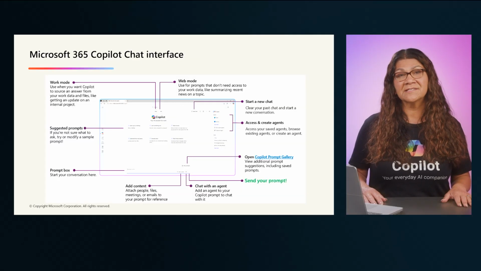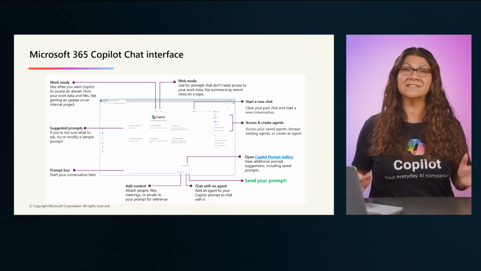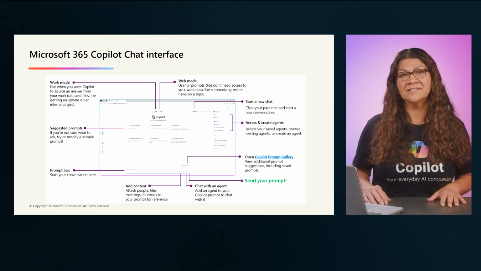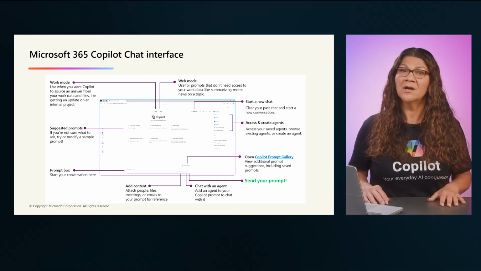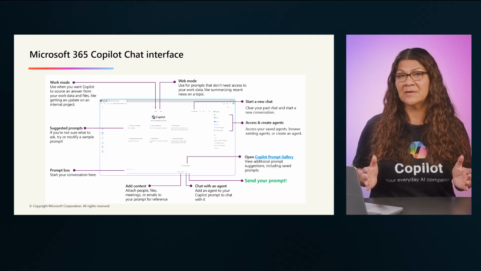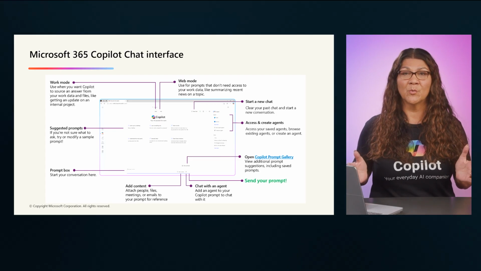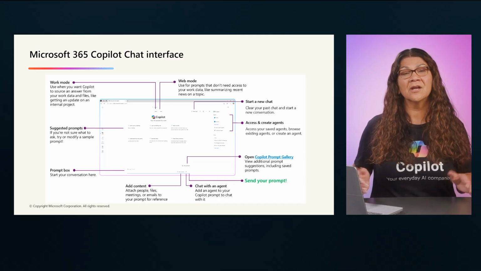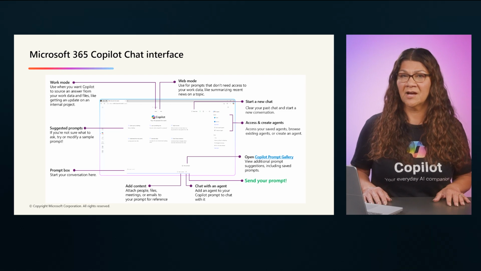The Microsoft 365 Copilot Chat interface is designed to help you move seamlessly between organizational insights and general web-based questions. Work mode taps into your Microsoft 365 content, emails, files, meetings, and more, making it perfect for tasks like preparing project updates, writing summaries, or analyzing documents.